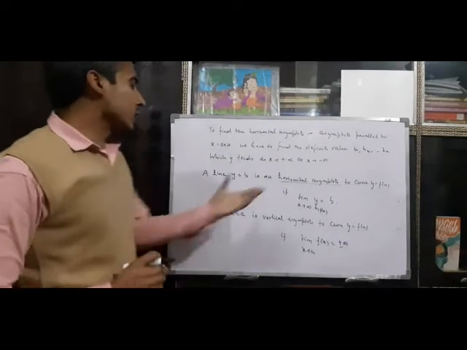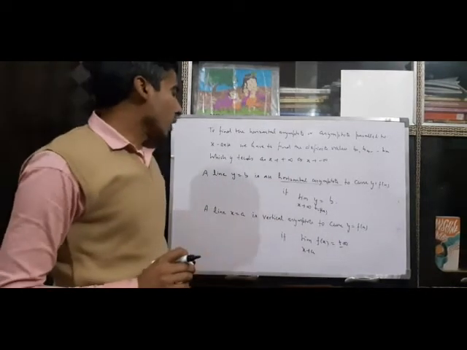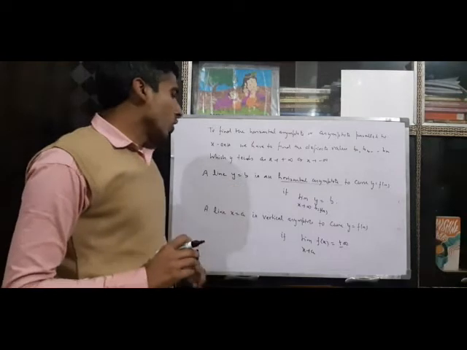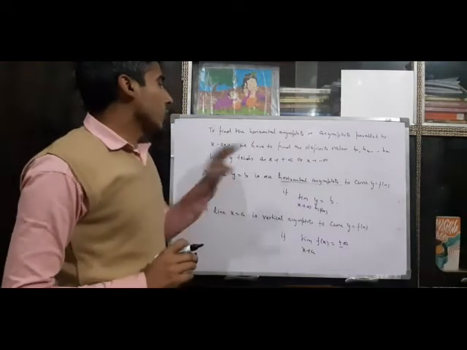So using these definitions, we can determine the horizontal asymptote as well as the vertical asymptote to a given curve.